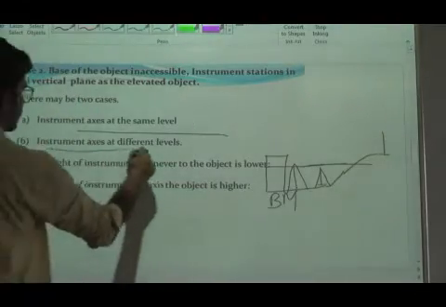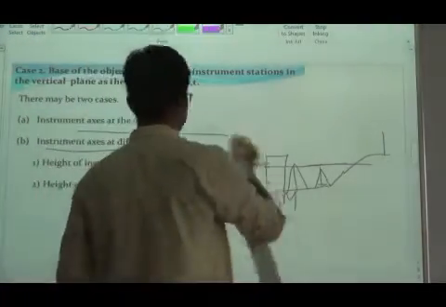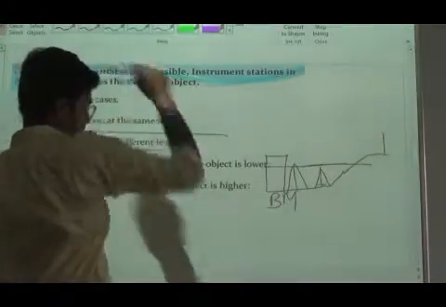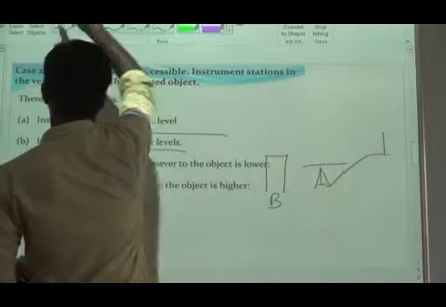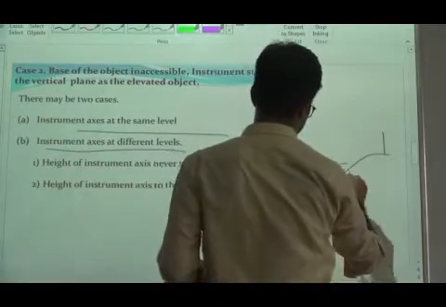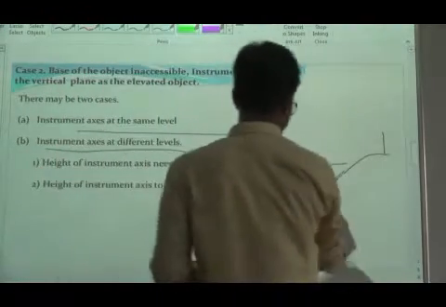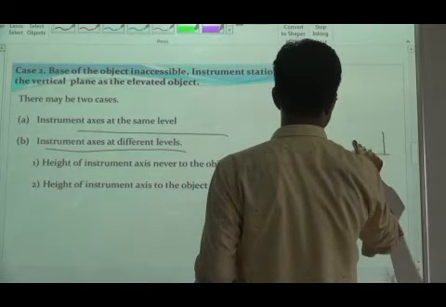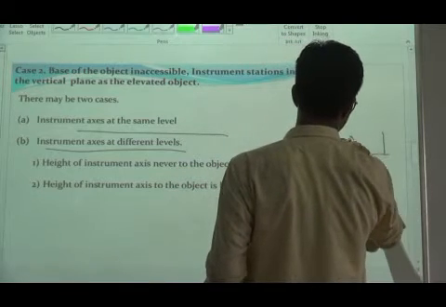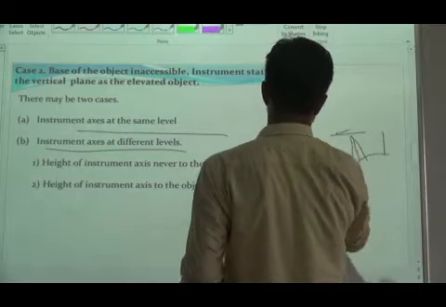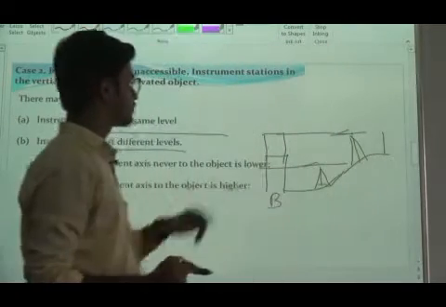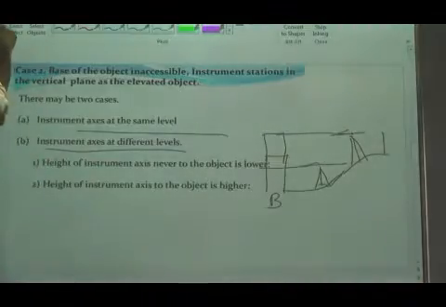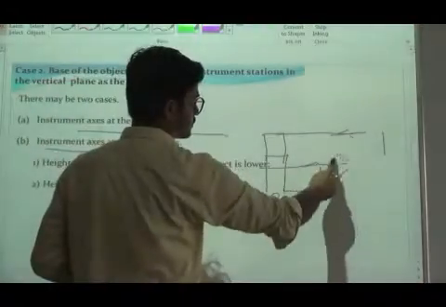And case 2: instrument axes are at different levels. In this case, we can set the instruments on the same line, but the height of instrument can differ. We can set the instrument like this also. The height of instrument for both may differ.